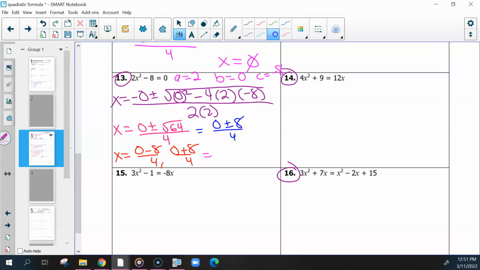So this would give us negative 8 over 4 and 8 over 4. And then we could simplify them again. So that'll be 2 and negative 2. Yes.